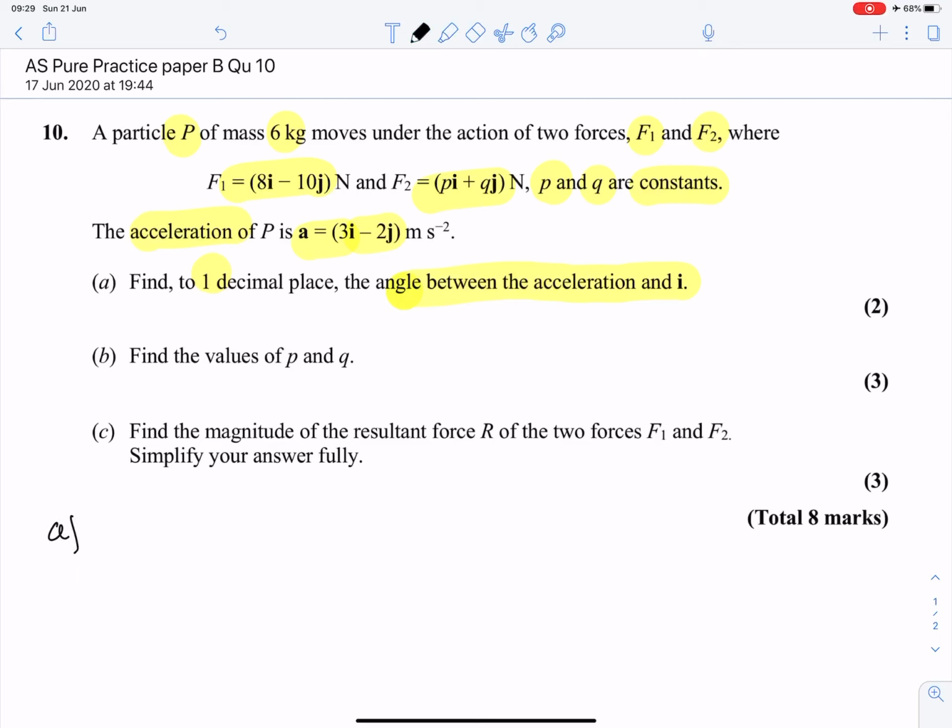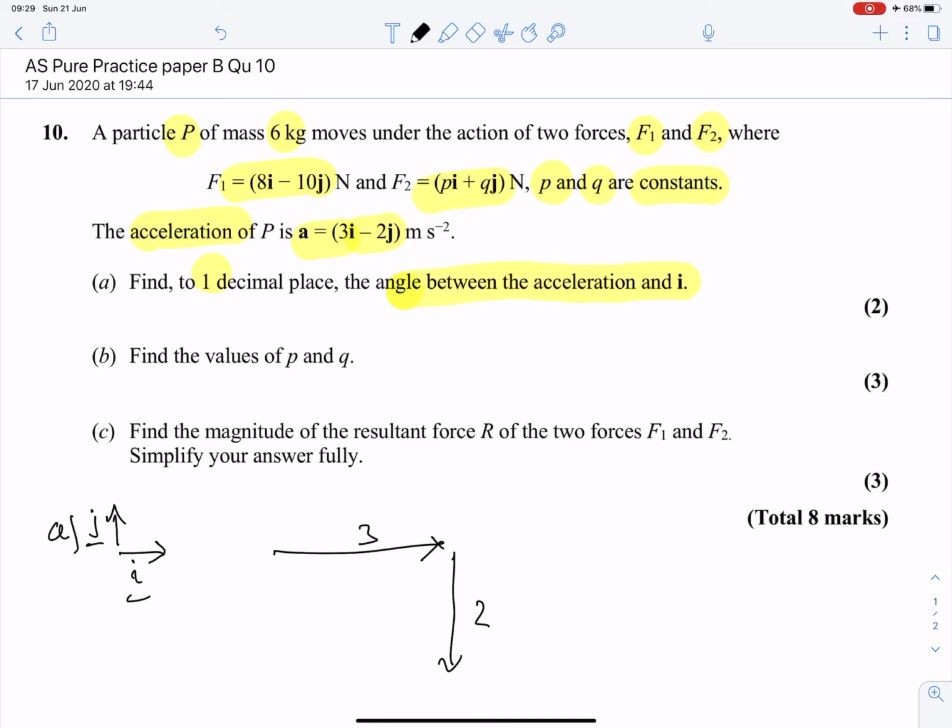So I would encourage you to draw these. We usually define i as horizontally across the page, j as up the page. You might say horizontal and vertical, depends on the context. And so we know that this vector a is 3 across, and 2 down.